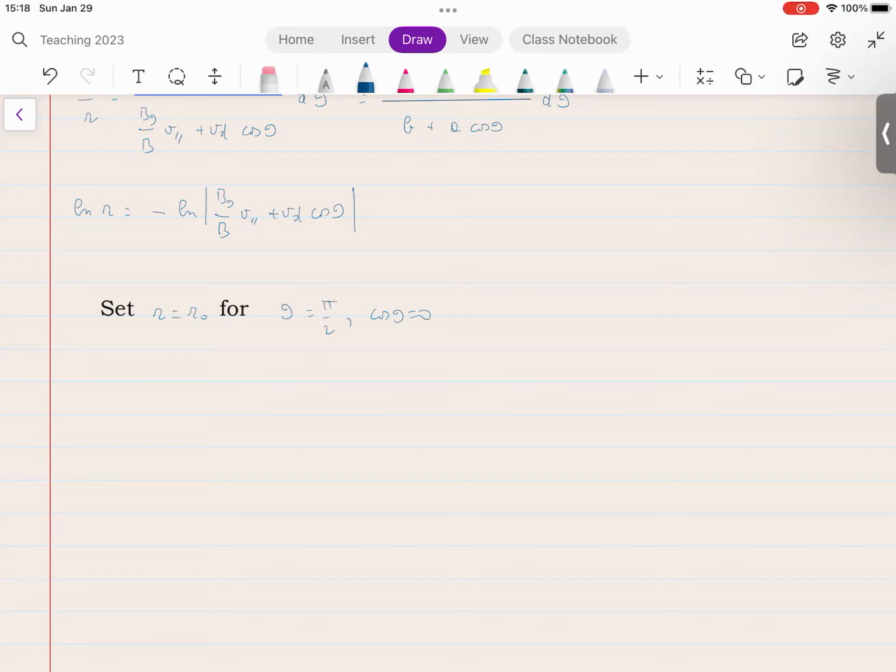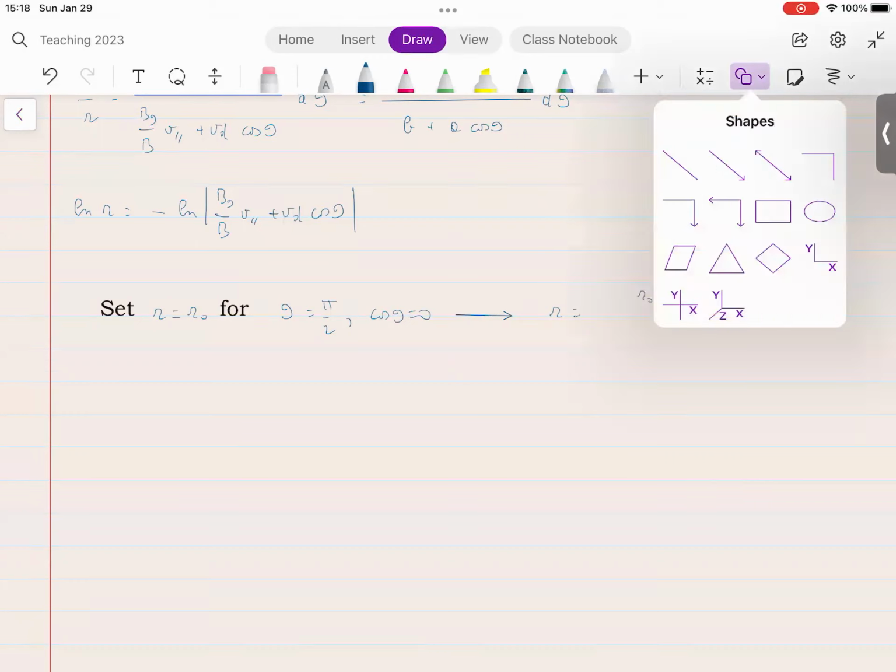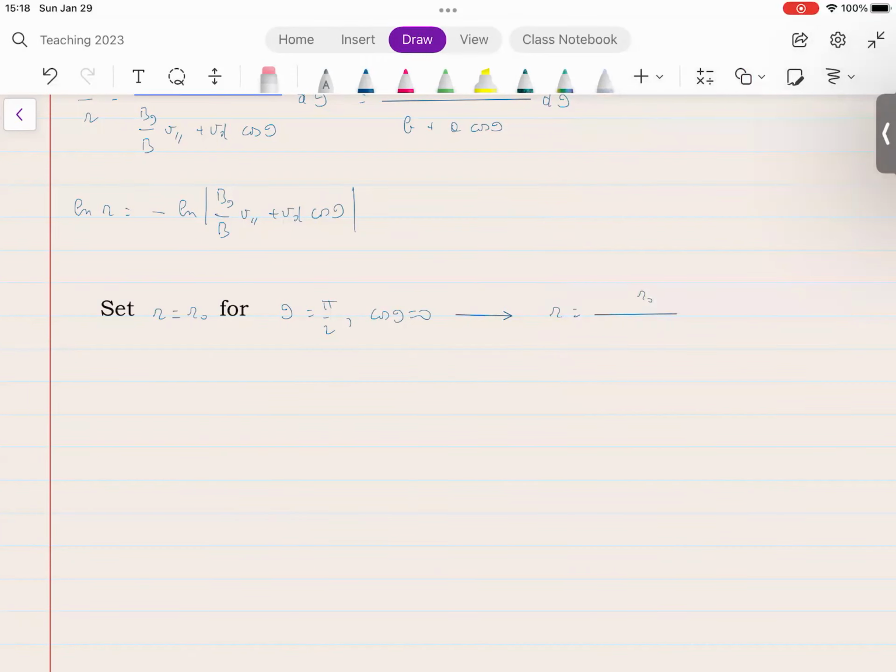Then this gives me that R is going to be equal to R naught divided by 1 plus B times V drift divided by B theta V parallel times cosine theta.